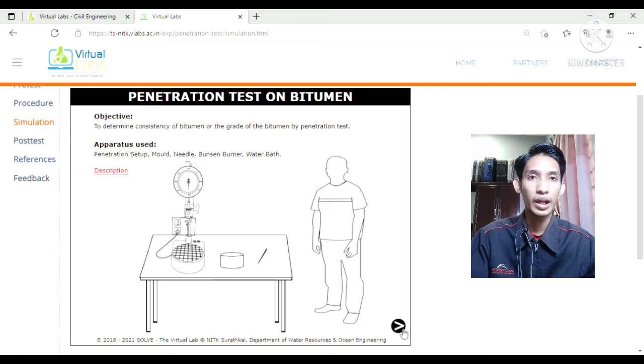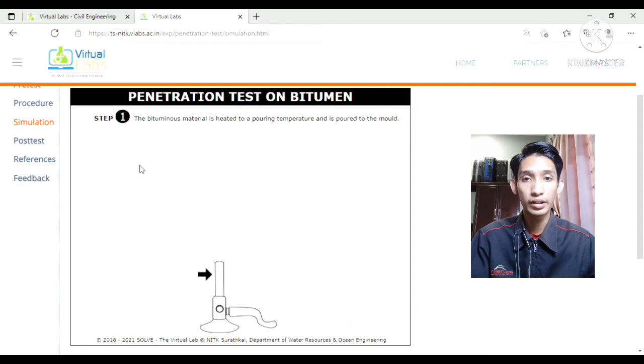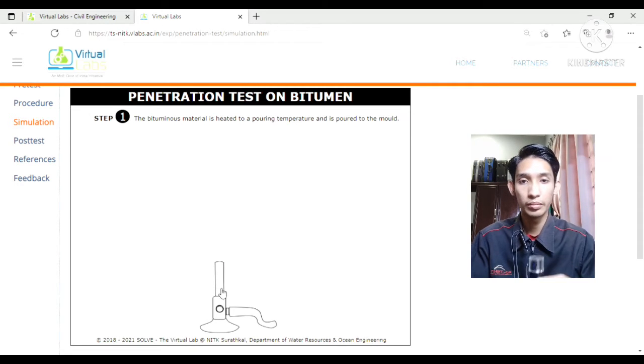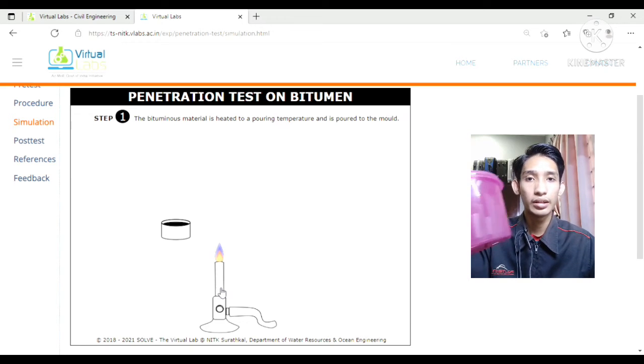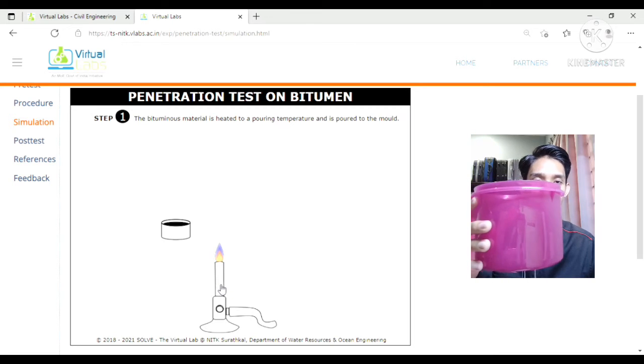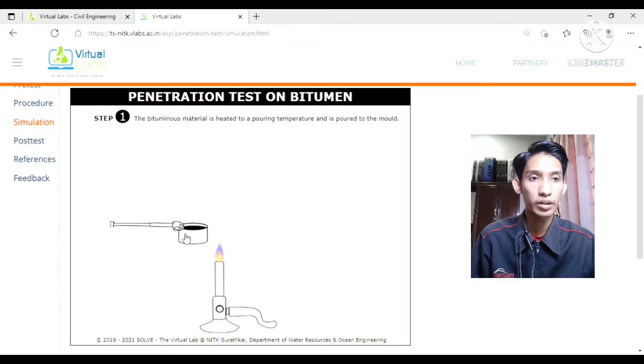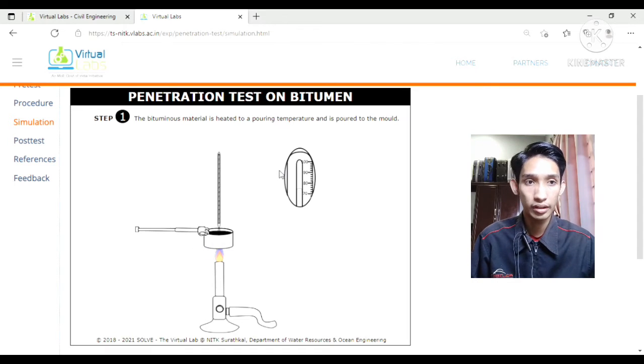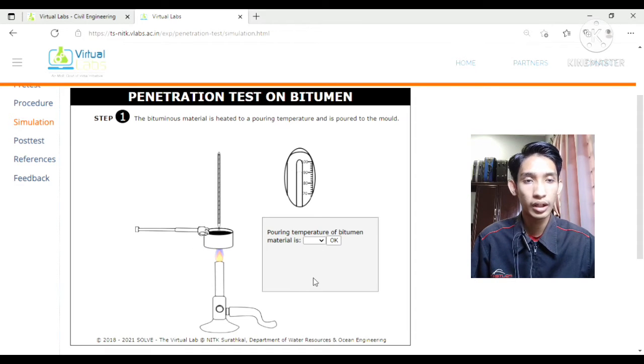Let's move to the first step. First step, the bitumen material is heated to a pouring temperature. Take a Bunsen burner and take the bitumen material. Pouring temperature of bitumen material is 19 degrees Celsius.